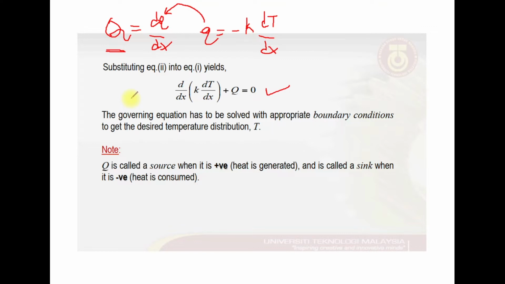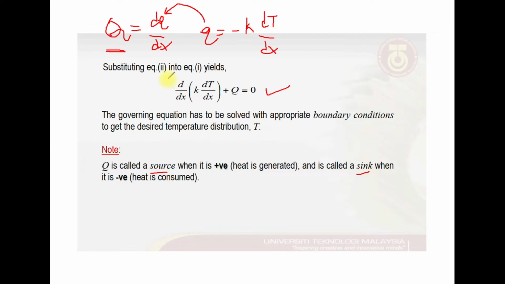For example, the positive value represents a system that is generating heat, sometimes called a heat source, and the negative value represents that heat is consumed in the system, which we can call a sink. So now we have two new terms, the source and sink of heat generation.